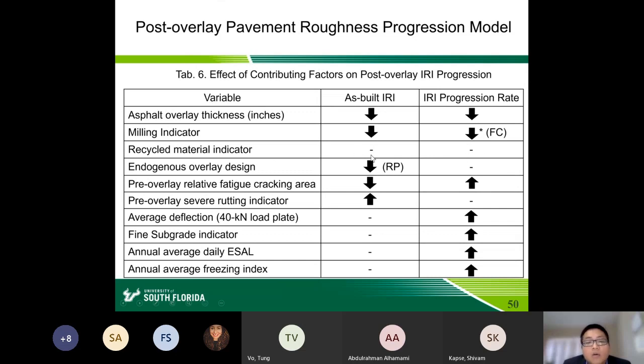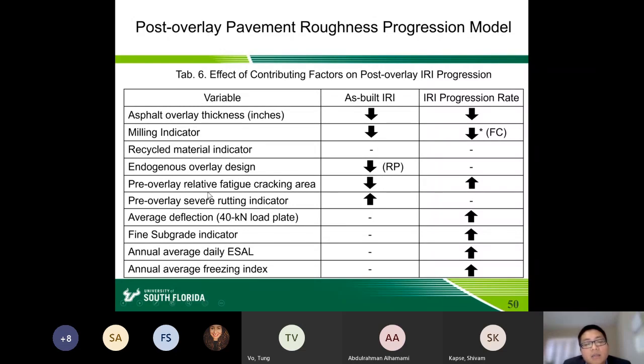It means we can use recycled material to achieve significant environmental benefits. Also, endogenous overlay design has random effects on as-built roughness.